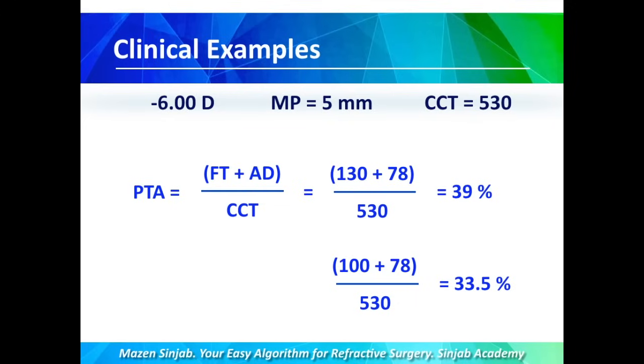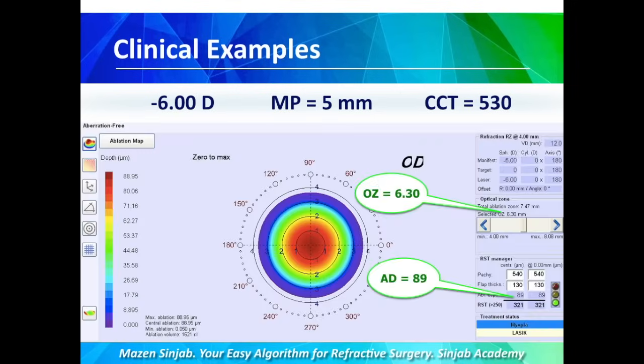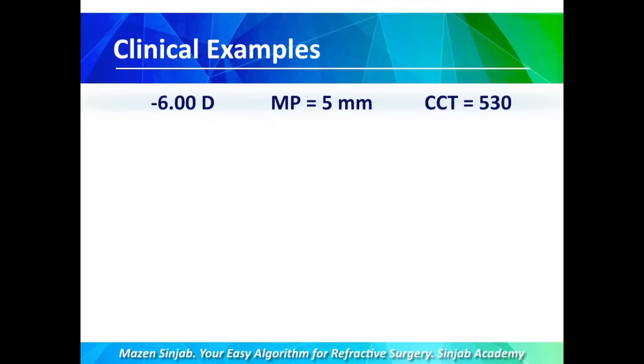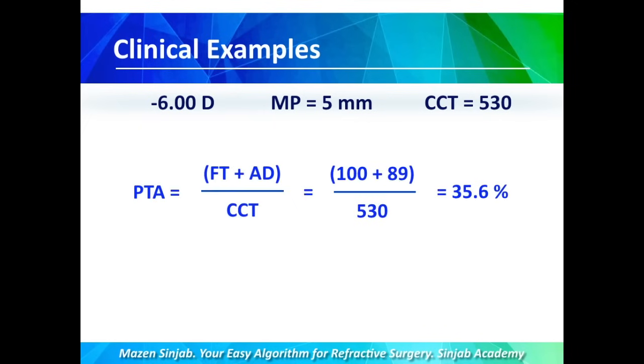And in this case, we can gain a larger optical zone, because if we increase the optical zone to 6.3 millimeters, the ablation depth will be 89 microns. And if we apply that, the PTA for a 100 microns flap thickness will still be accepted.